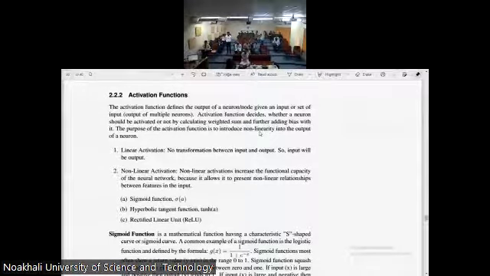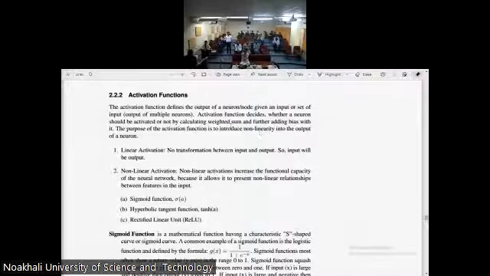If the function is linear, we have a linear activation function. It doesn't do anything. There is no transformation between input and output. The weighted sum we have will be the output. So when we say linear, there is actually no activation function. We multiply the inputs with their weights, and the weighted sum is basically the output. That is called a linear activation function.